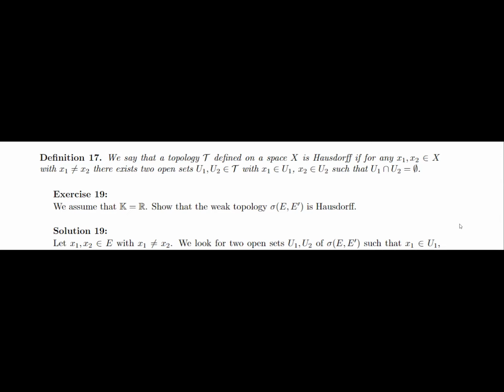But for that, we look to define a good function phi in the dual. Why are we heading in this direction? Because the open sets of the weak topology are defined thanks to functions phi in the dual set.